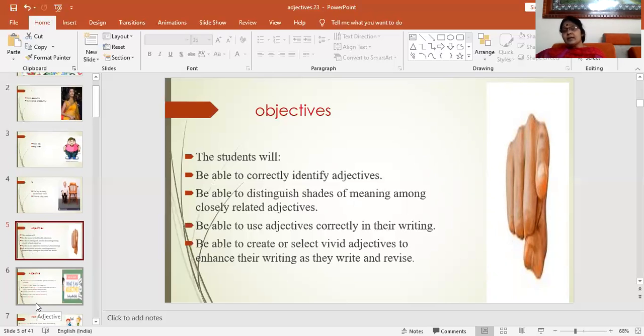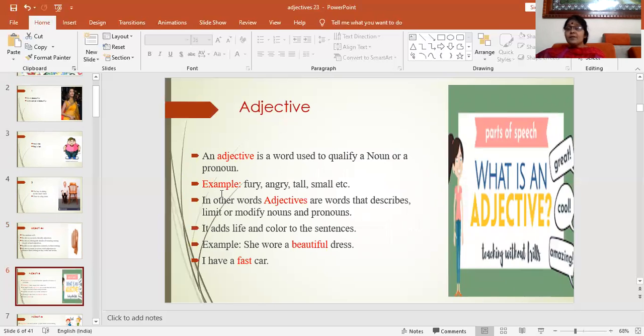As I said earlier, we'll move from simpler definitions of adjectives to the complex learning of adjectives and its functions, right? Now, if we have to define what an adjective is, then an adjective is a word used to qualify a noun or a pronoun.